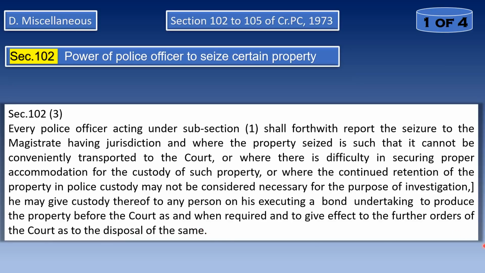Subsection 3 of 102 explains to us that where a property has been seized by the police under subsection 1 of 102, though the property has to be presented in the court, if the nature or the size or the weight or for whatever reason the property cannot be conveniently transported to the court, what are we going to do under such condition? Well, subsection 3 of 102 brings out the remedy to us that under two conditions. One, it cannot be conveniently transported to the court.